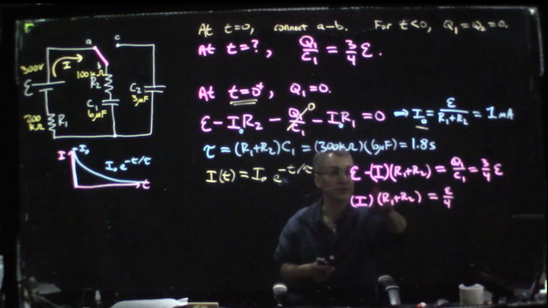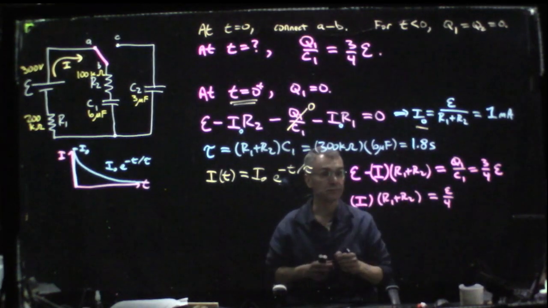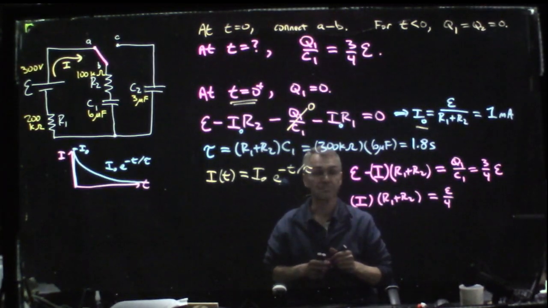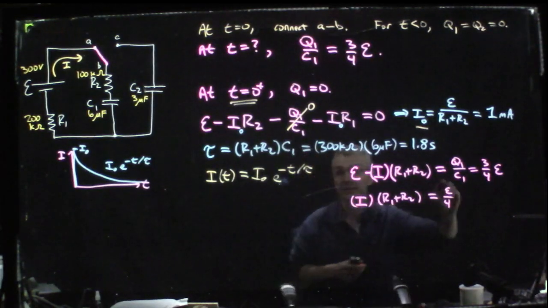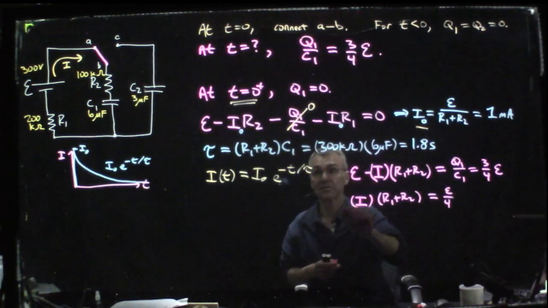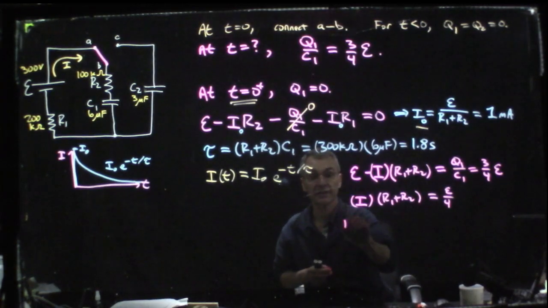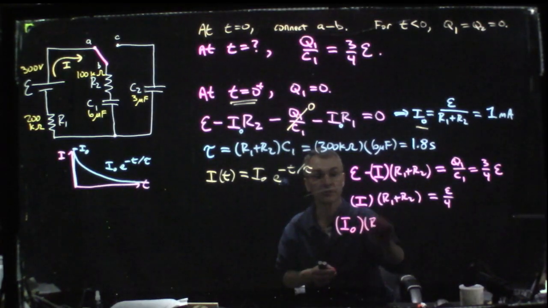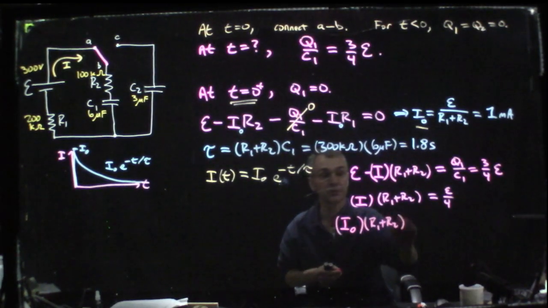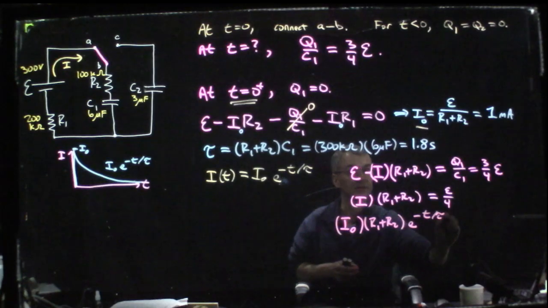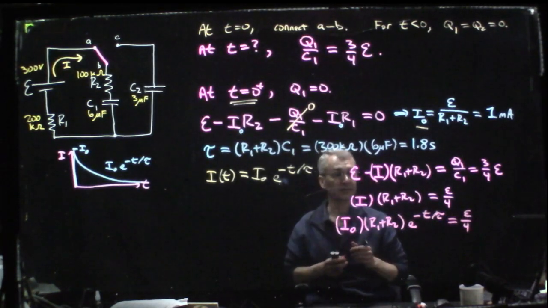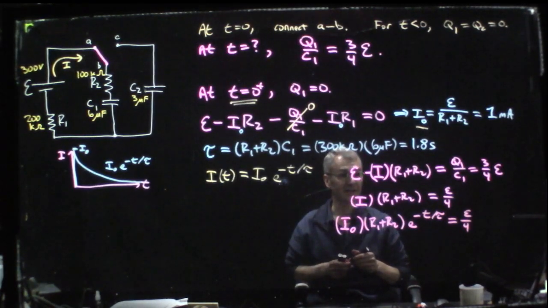So that's plus 1/4, and this is plus. So this is I0 R1 plus R2 e to the minus t over tau equals EMF over 4.